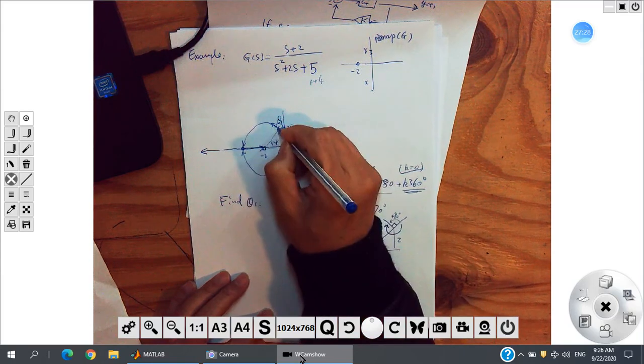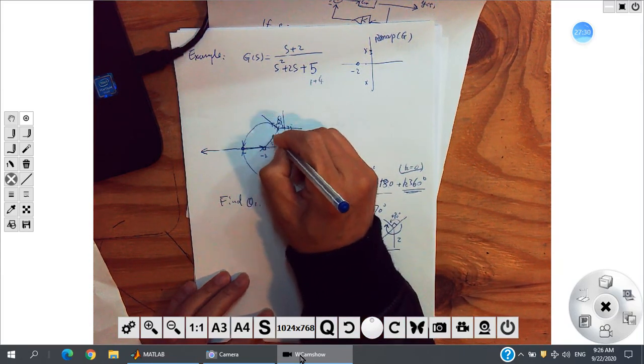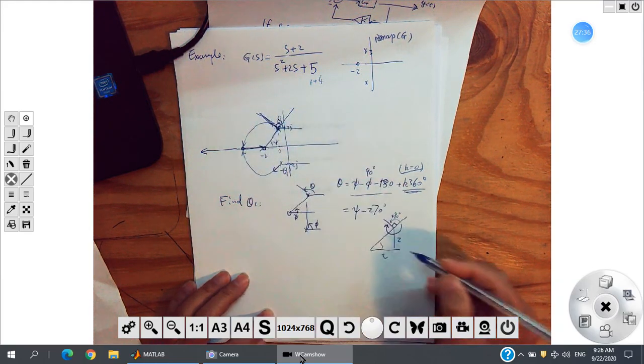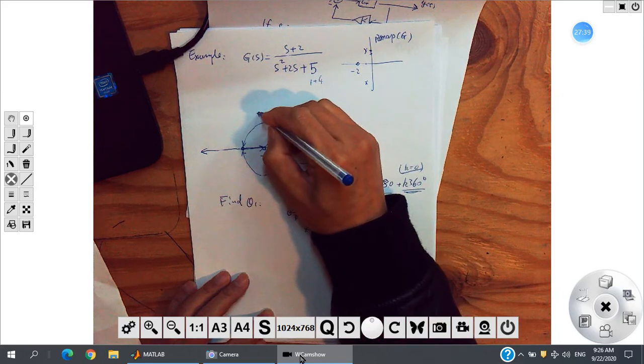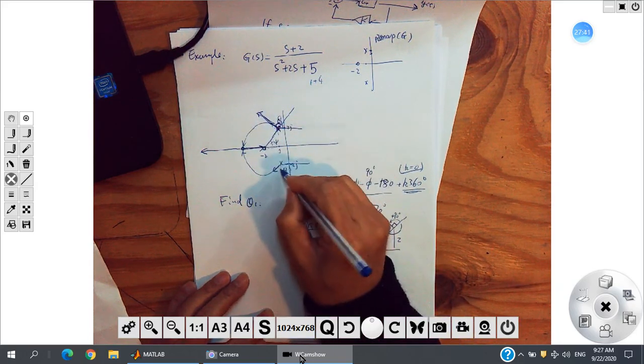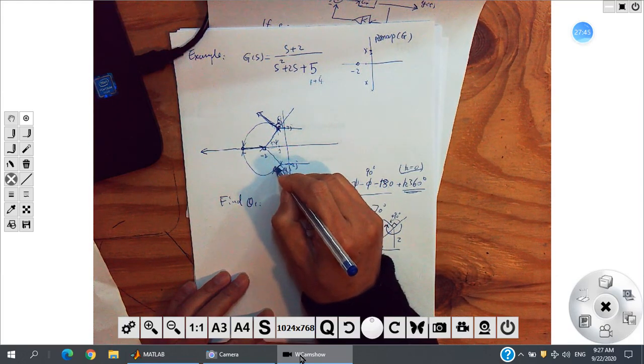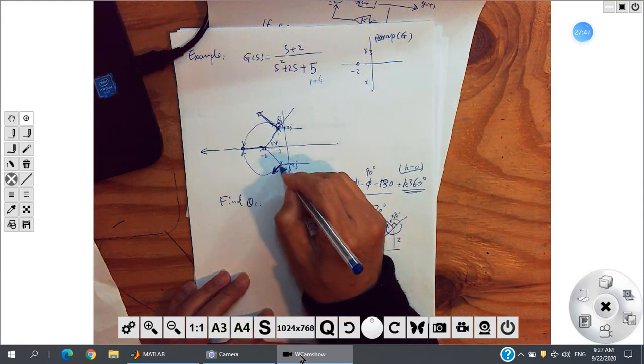So the direction will be this: you connect the cross and the circle, and use 90 degrees here. This is the direction, and symmetrically, you connect them, and 90 degrees here gives this direction.